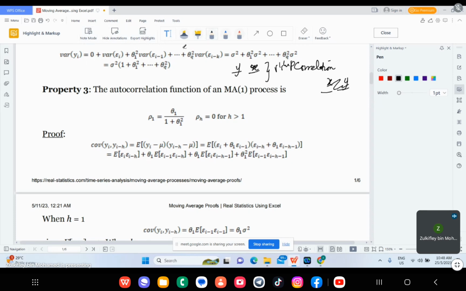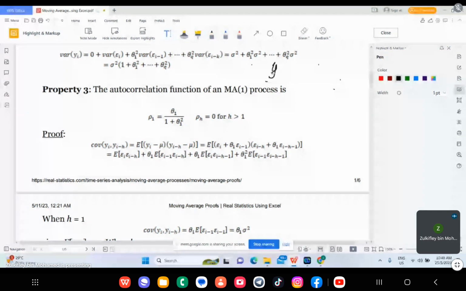So basically, the formula for correlation of X and Y. Okay. Let's say I want to show you the formula for correlation of X and Y. Let's say we have X and Y. For this case we use Y and epsilon, but I will show how it works for Y and X first.